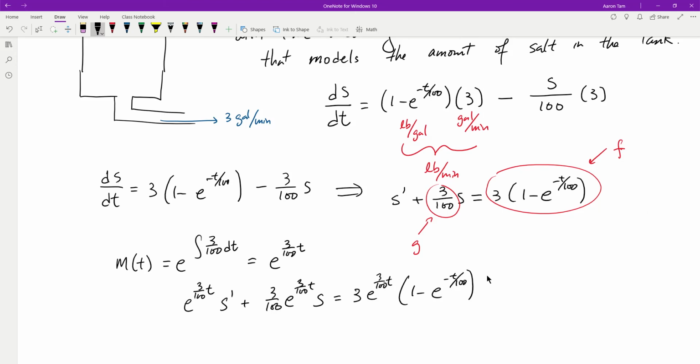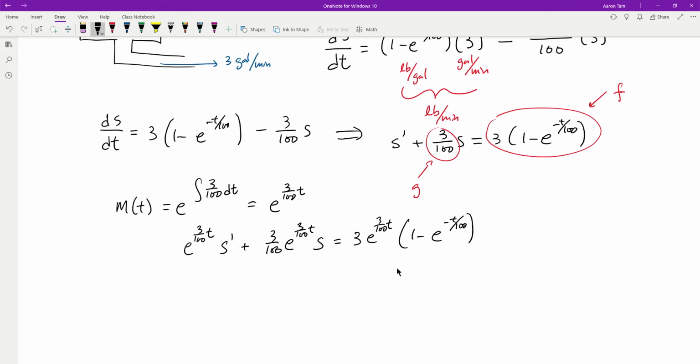Now, obviously, I don't want to keep this side the way it is, because that will require me to do some kind of integration by parts or something, because I have a product between two things. So I'm going to take this thing and multiply it into my parentheses and see what I got. So that would be 3e^(3/100 t) minus 3e^(2/100 t).